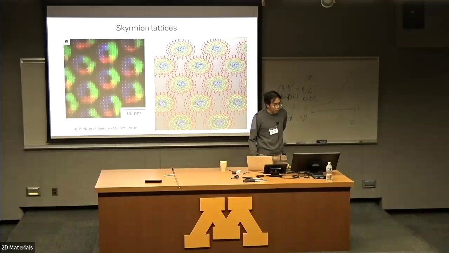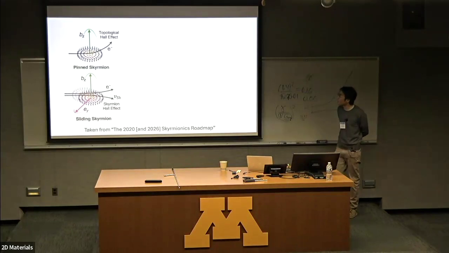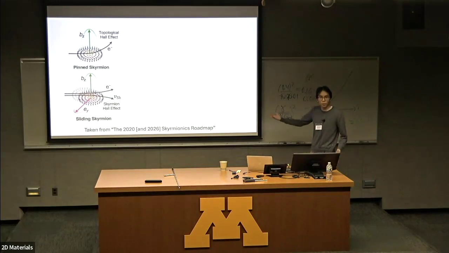In the skyrmion literature, there's quite a lot of interesting phenomena that people identified. People are even trying to use skyrmions to do actual skyrmionics. I don't know how promising that is, but there are some interesting phenomena.